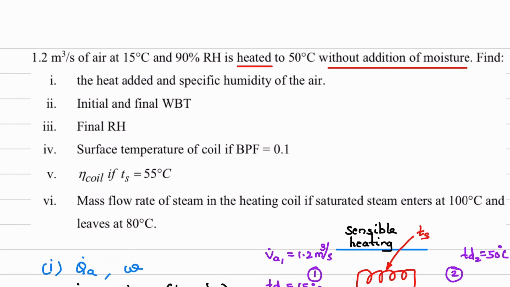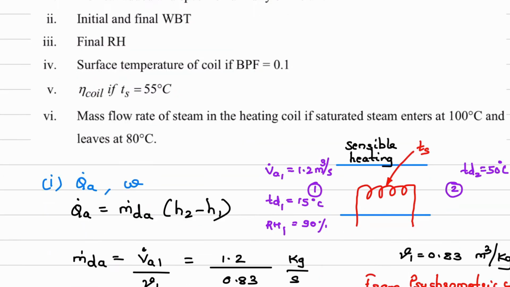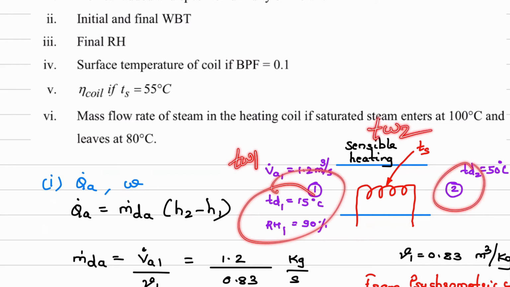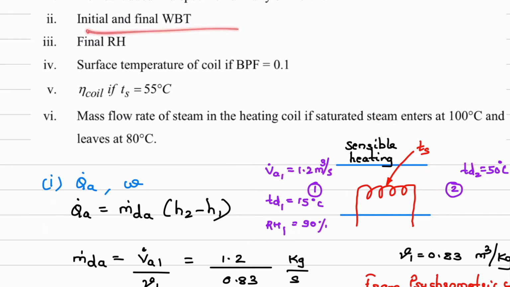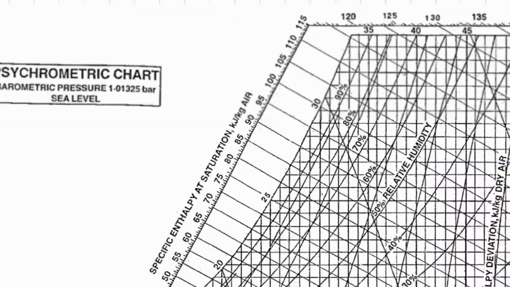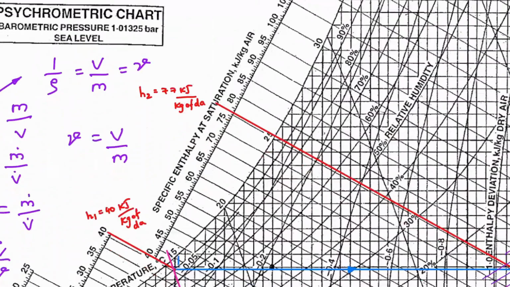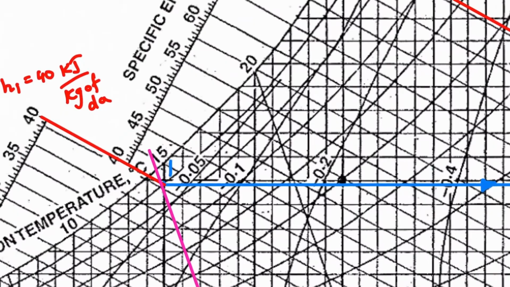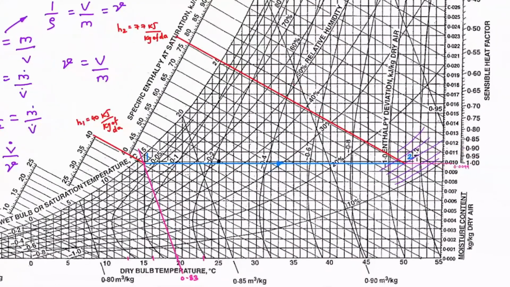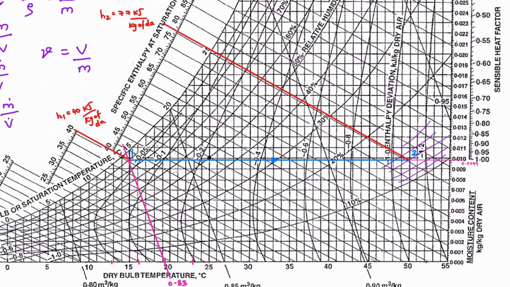We will see the second part. The second part is initial and final wet bulb temperature. Initial and final meaning we have to find TW1, the wet bulb temperature of entering air, and TW2, the wet bulb temperature of exiting air. So we have to again go back to the psychrometric chart. Observe this now. We'll see the process first. This is the process 1 to 2.